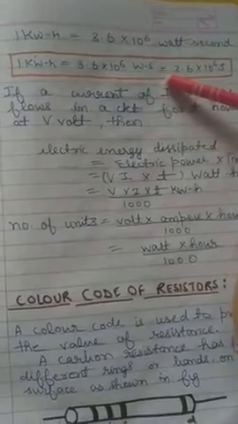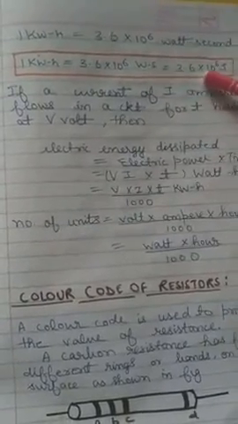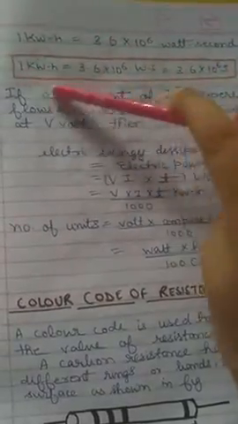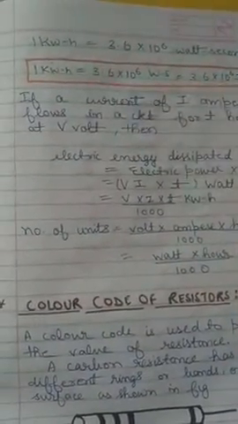Also we can write this as 3.6 into 10 raised to the power 6 joule. So this will be the value of 1 kilowatt hour.